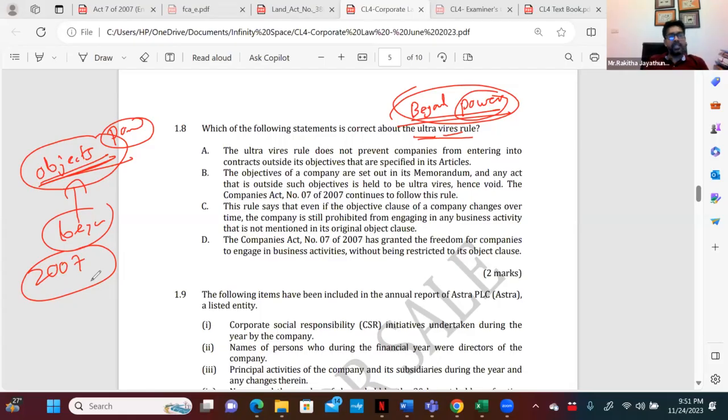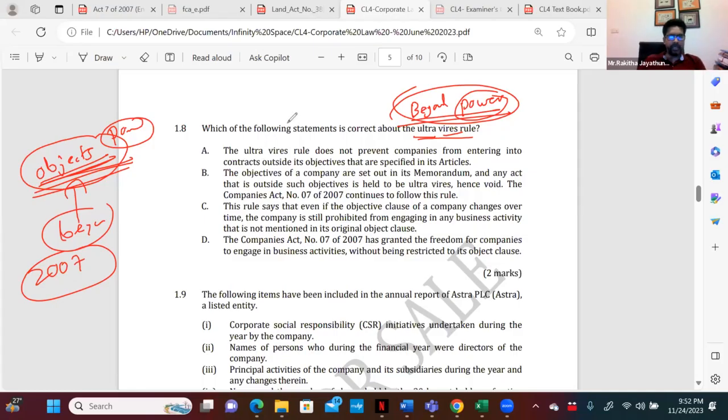But if you have specifically stated these are objects of the company, still the Companies Act doesn't restrict you to do only transactions covered by the objects. Now, under the current Companies Act, though you have mentioned the objects in your articles, it doesn't matter. You can still do transactions which are not covered by the objects. Therefore, the ultra vires principle is actually no longer applicable.